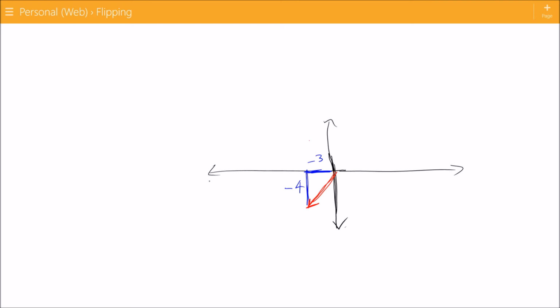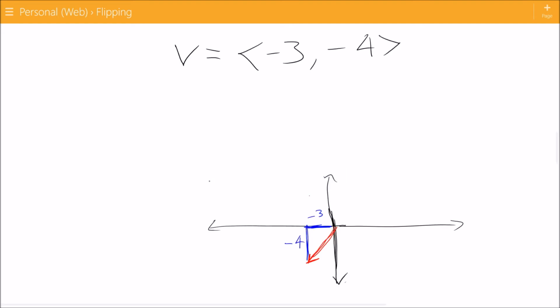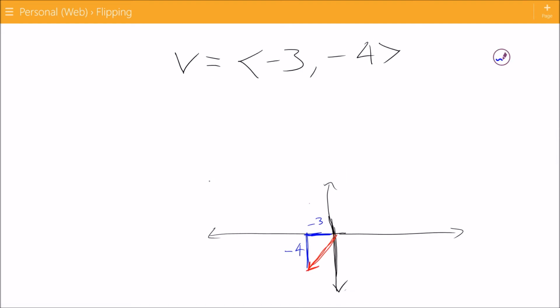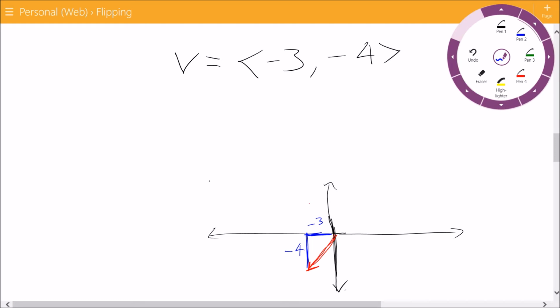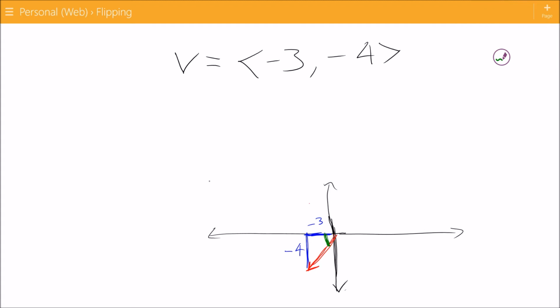At this point, I've got a triangle here with sides of 3 and 4. I want to focus on the angle that is at the origin, this angle right there. So that would make the 4 my opposite, the 3 my adjacent.